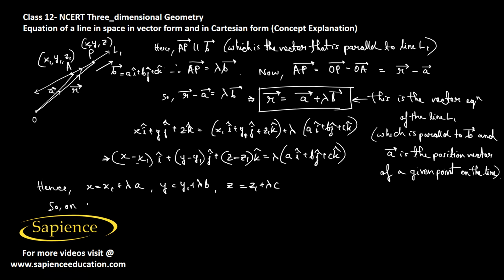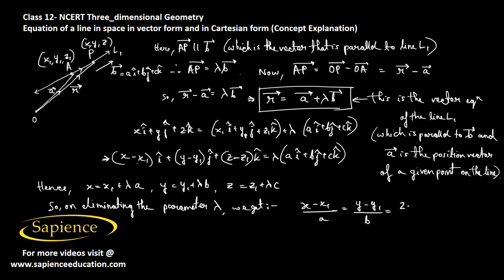On eliminating the parameter lambda from these three equations, we get (x minus x1) by a equals (y minus y1) by b equals (z minus z1) by c.